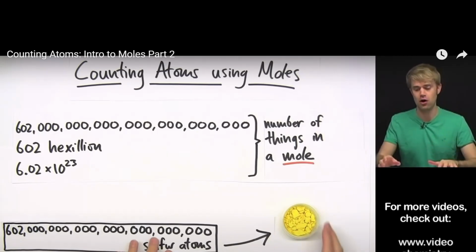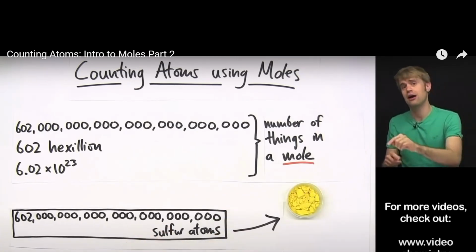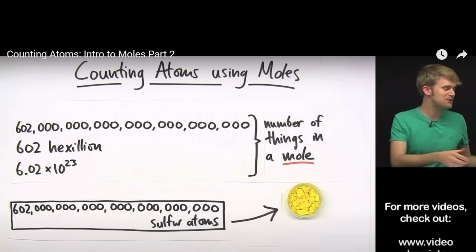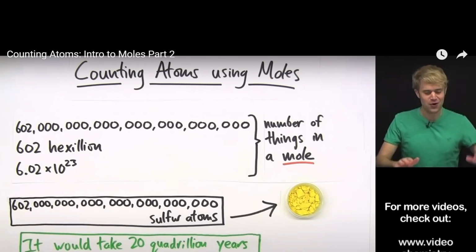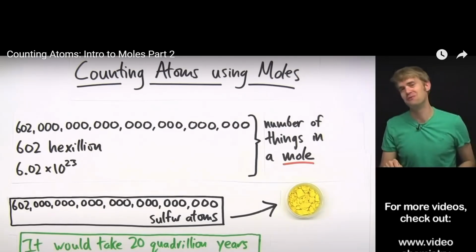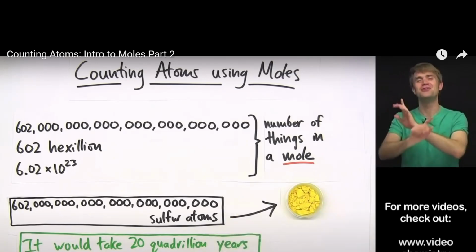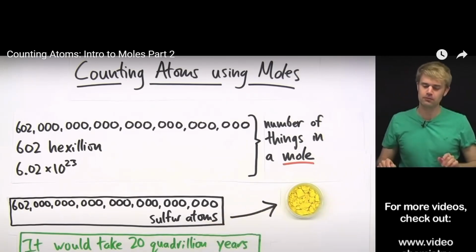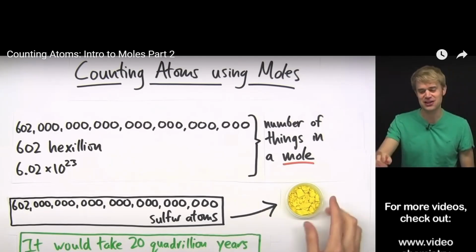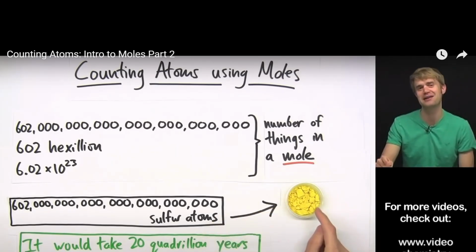Second of all, even if I could count out the sulfur atoms, there are so many things in a mole that it would take 20 quadrillion years to count from 0 up to a mole. So even if I could see these atoms, there's no way I could count them out. Yet I'm pretty confident that there are pretty close to 602 hexillion sulfur atoms in here.